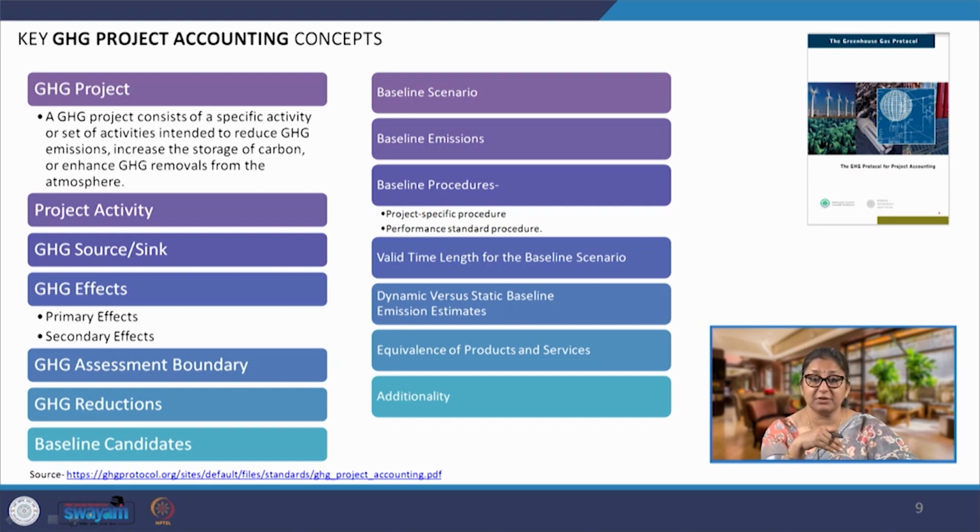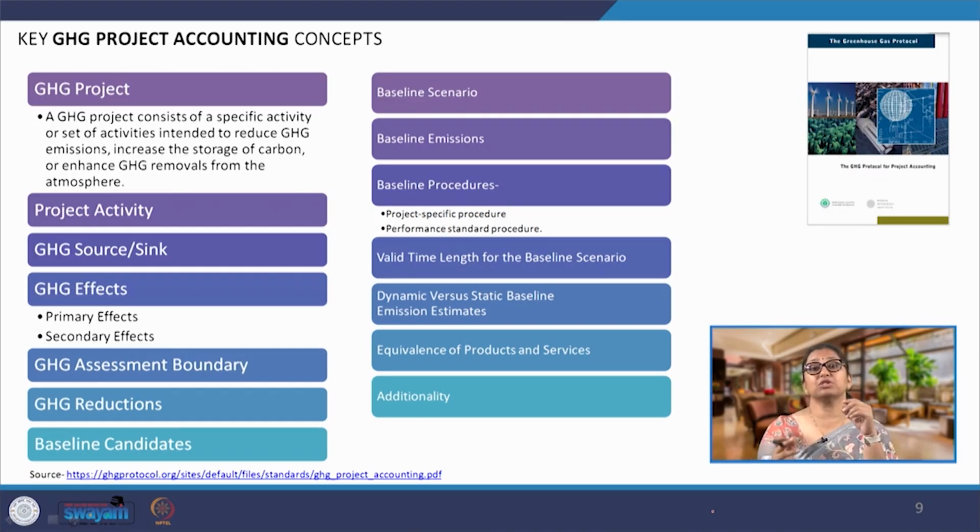Then we have to identify the different sources as well as sinks of greenhouse gas emissions. For example, the Gymkhana, the smallest example that I am taking, where we only want to replace the LED lights. That is the only activity we are going to undertake, but it is not the only source or sink of GHG.